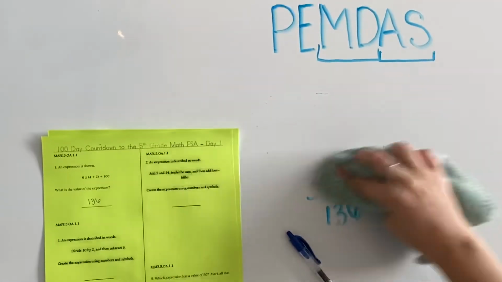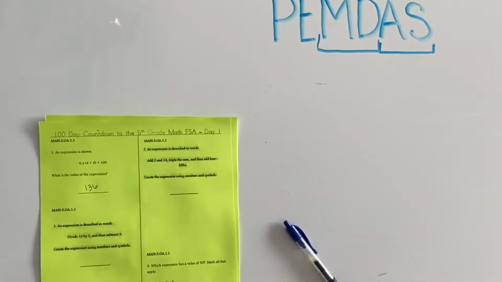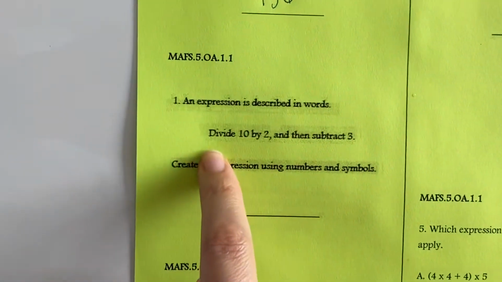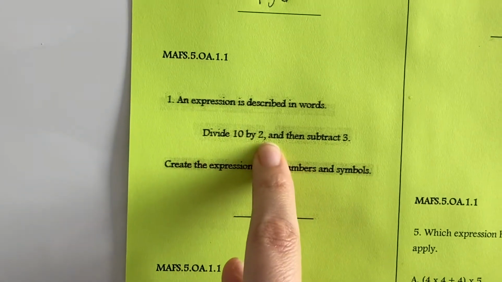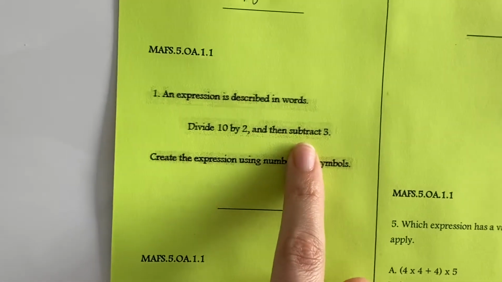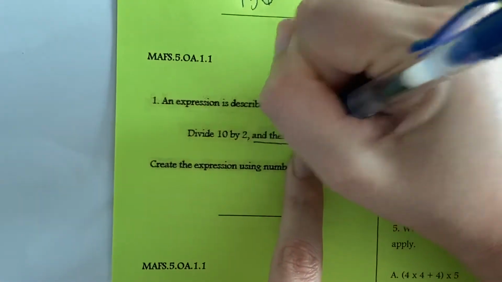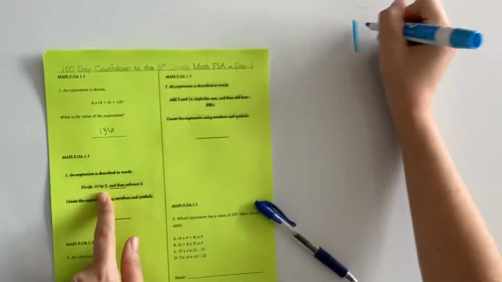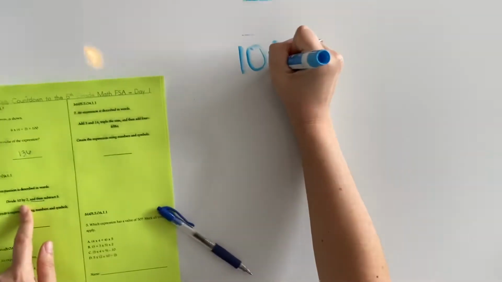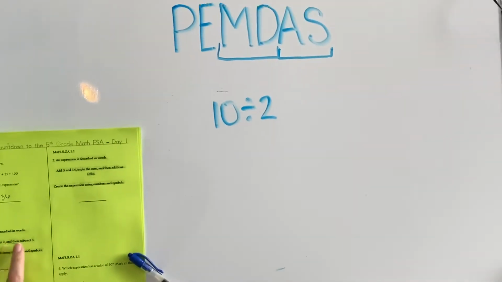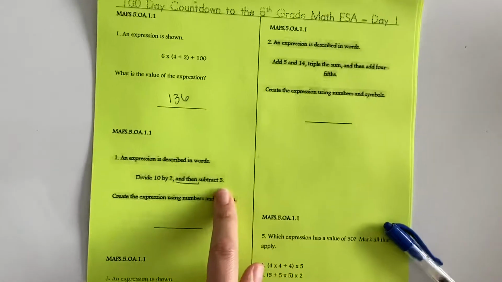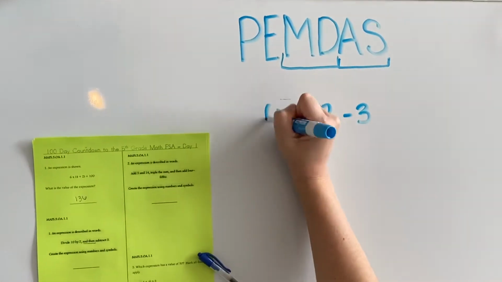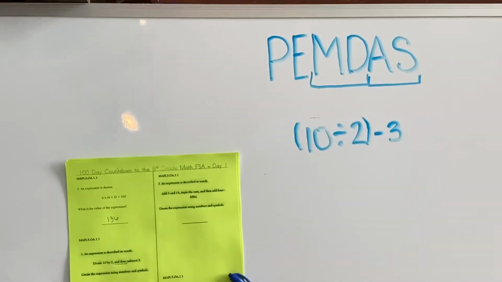All right, let's move on to number 2. Erase this real quick. Okay, over here, an expression is described in words. Divide 10 by 2 and then subtract 3. So I know that I'm going to divide 10 by 2 first, and then after that, I'm going to subtract 3. Do I need to add parentheses here? Because I know I need to do 10 divided by 2 first.